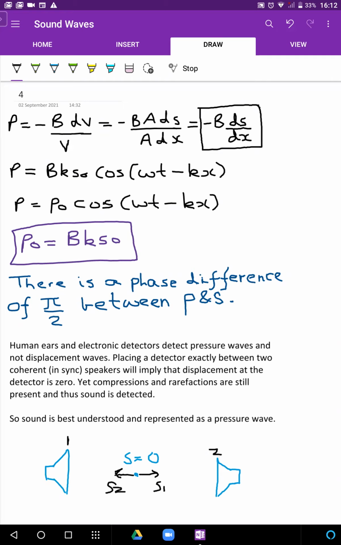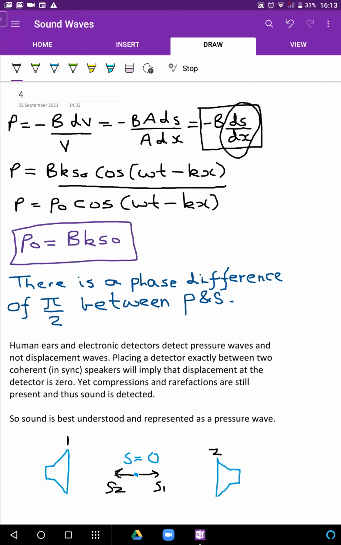It's rare that someone asks exactly this, but if you have to convert from pressure to displacement, you can always use this equation. P is minus B ds by dx. It comes from dV by V being ds by dx. Now, you remember we found ds by dx on the previous page: minus k s naught cos(omega t minus kx).